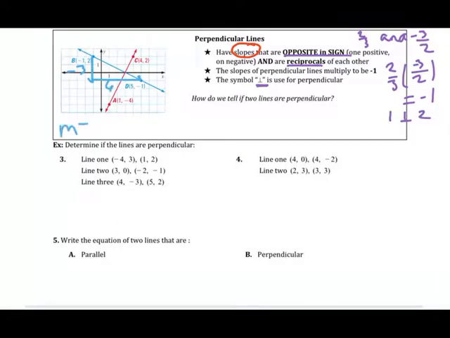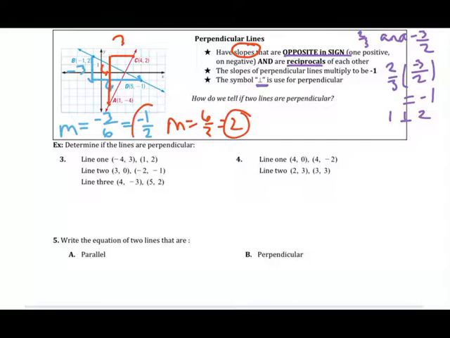So the slope of my blue line is -3 over 6, which is -1/2. The red line looks like I'm going up 1, 2, 3, 4, 5, 6, up 6 and to the right 3, which is going to give me a slope of 2.